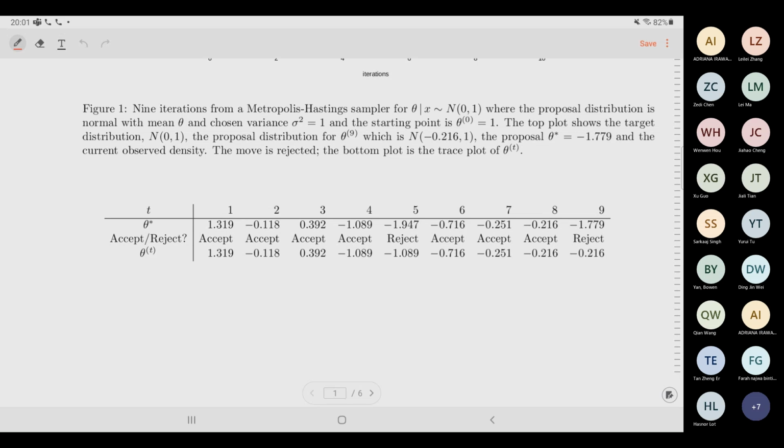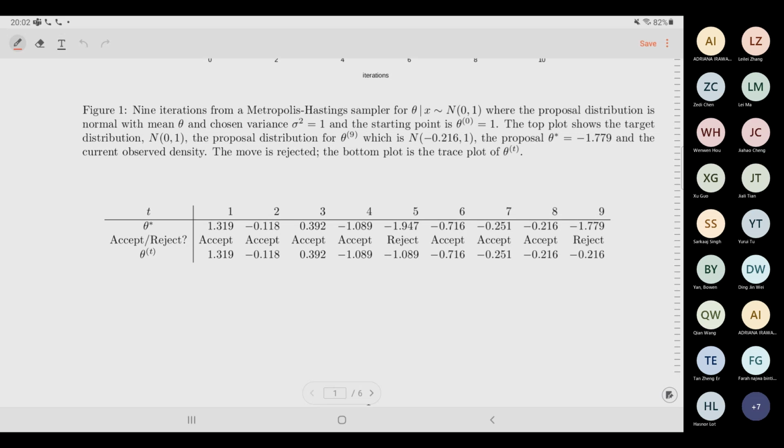Right here, your sigma square is 1. And there are actually a few plots in figure 1. So the first one is an example.